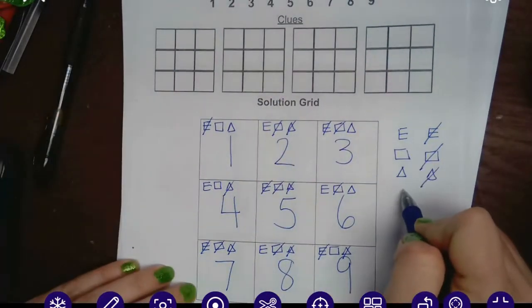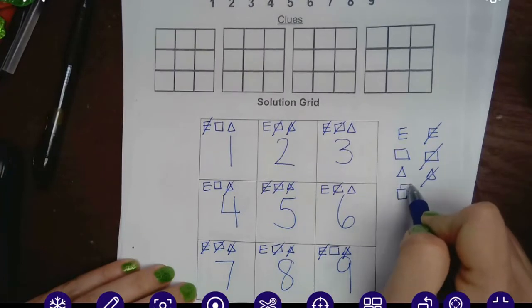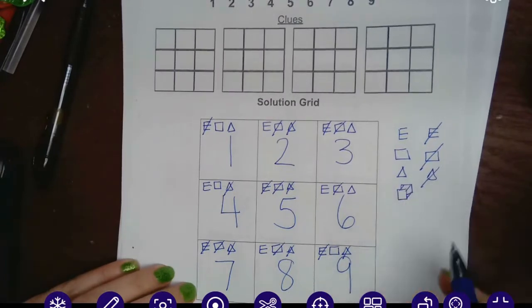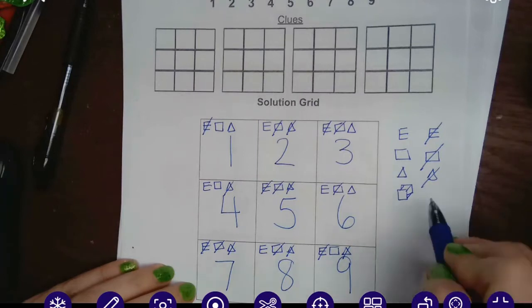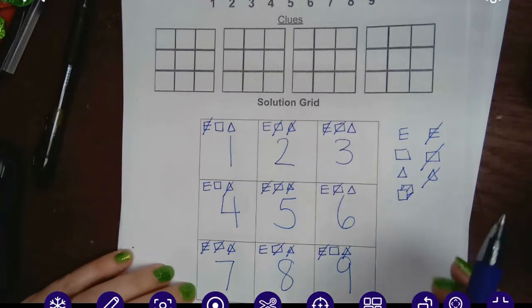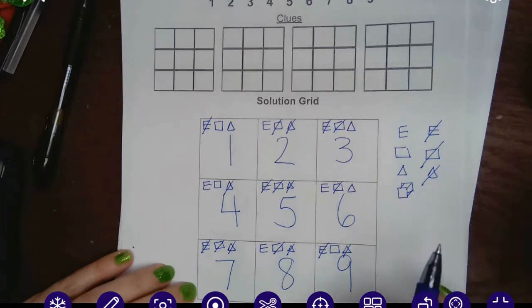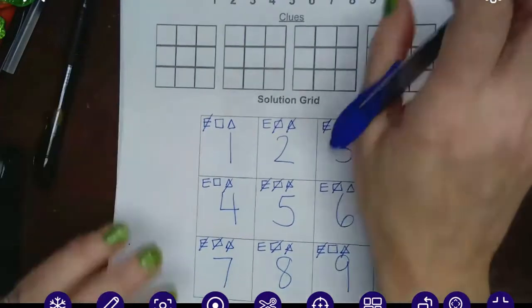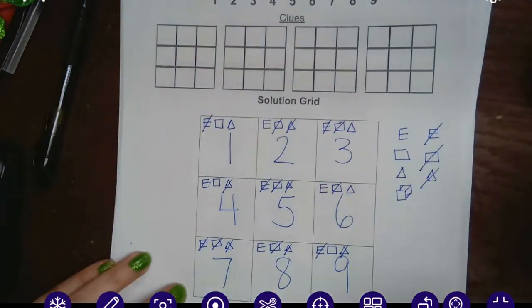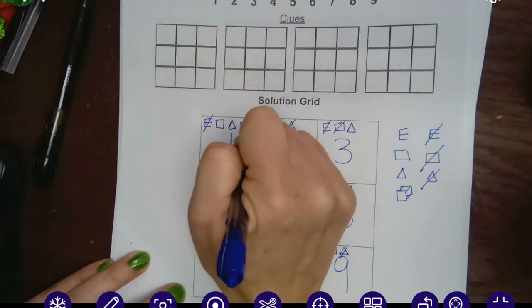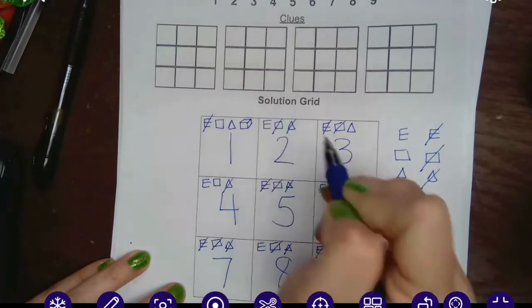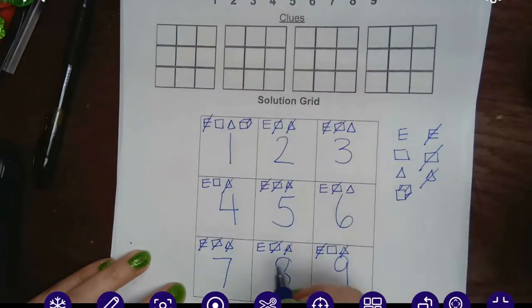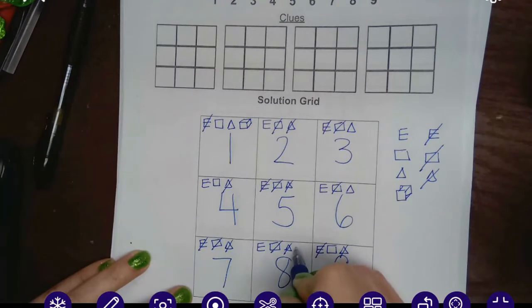Another clue that we have are cubed numbers. Cubed numbers are numbers multiplied by themselves 3 consecutive times. So 1 times 1 times 1 is 1, so 1 is a cubed number. Another cubed number is 8, because 2 times 2 times 2 is 8.